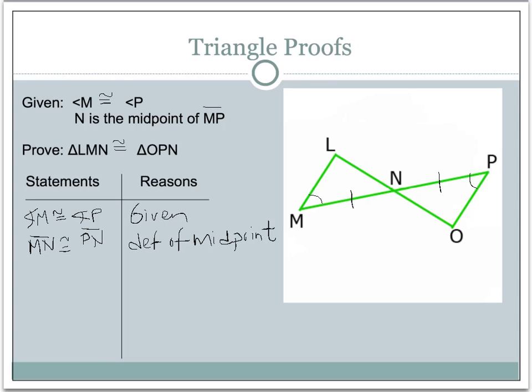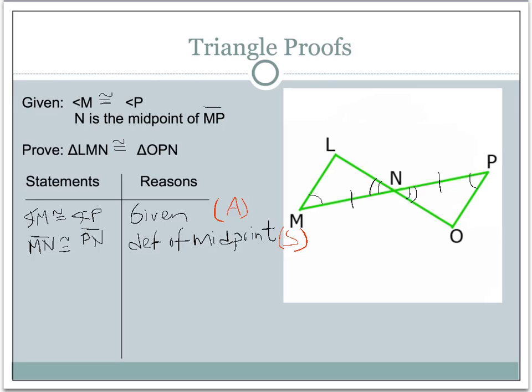Now, both of these are going to be a side and an angle. This is an angle, and this is a side. And so in this case, we have to have another angle. We look at our picture because there's nothing else that's been given to us, and we see vertical angles. So I'm going to go ahead and mark that my angles are congruent here because they're vertical angles.